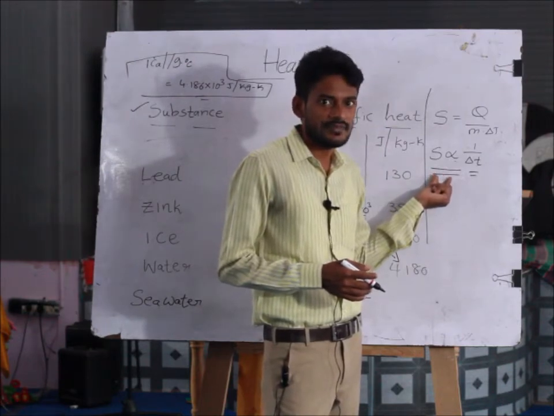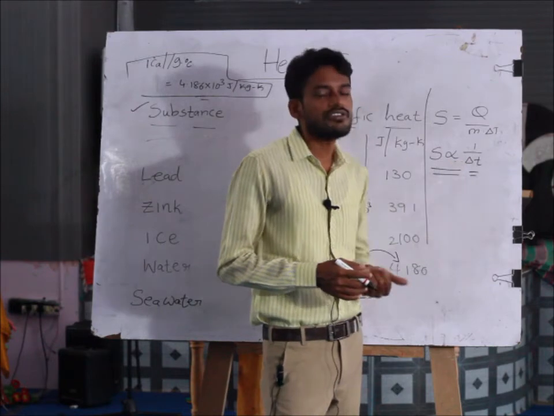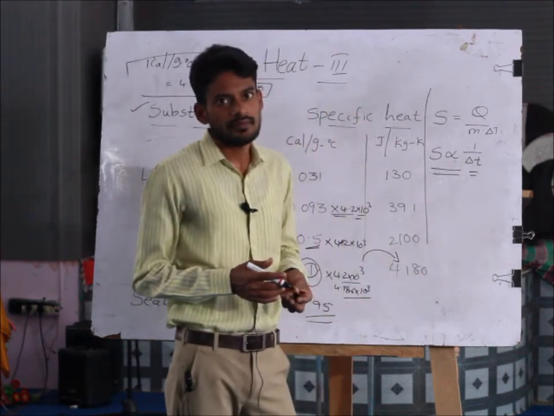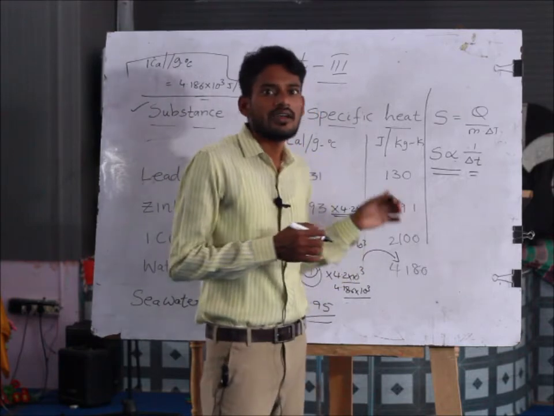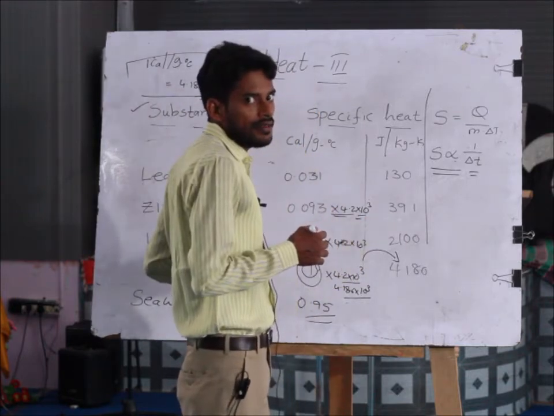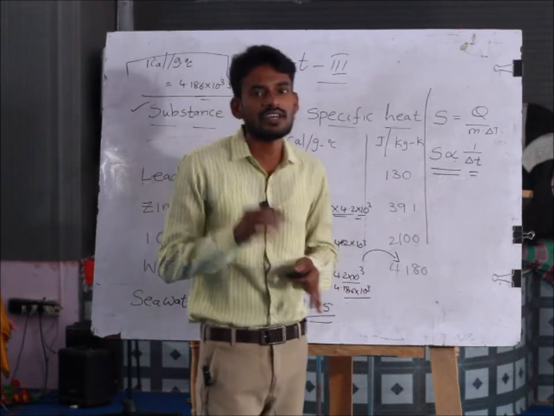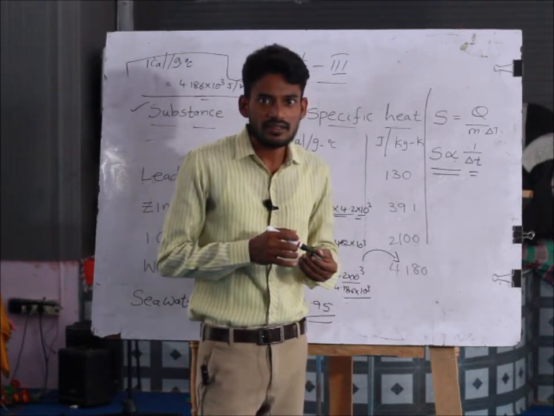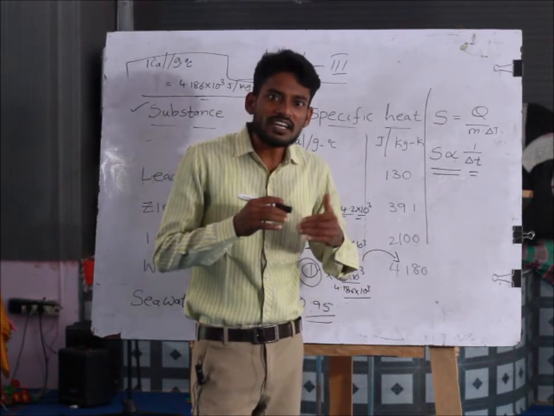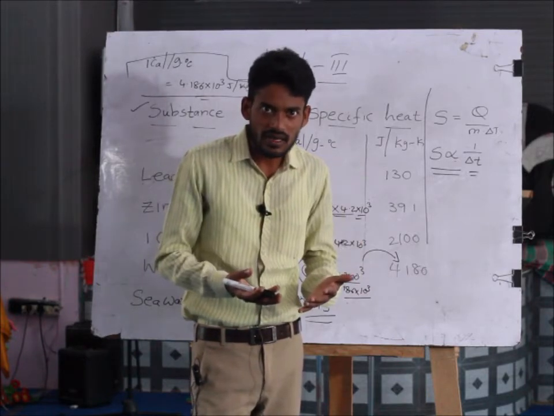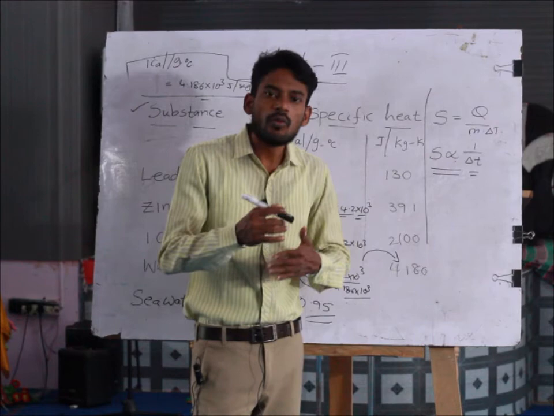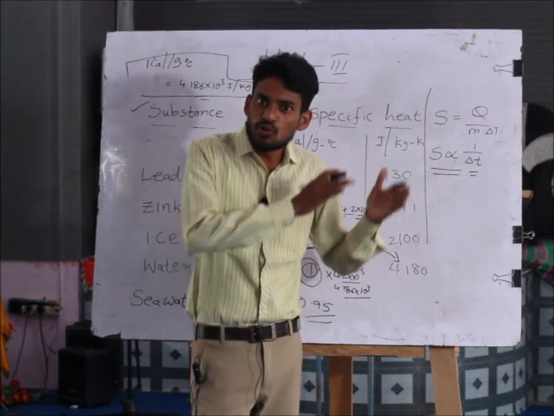S is inversely proportional to delta T. Water has the highest specific heat, about 1. That's why water takes more time to heat up, and it takes more time to lose its temperature.